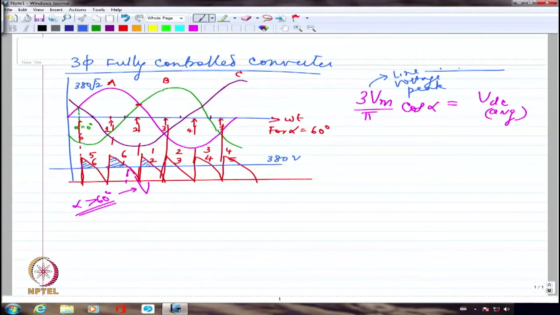So this will be the voltage across the resistance, and the same will be the current across the resistance as well. So if you want to calculate the current, you could have done it in two ways. Some people have calculated as RMS.